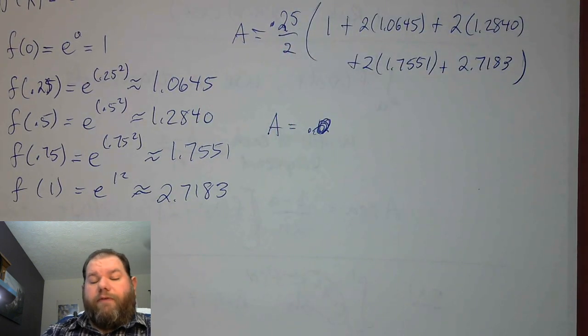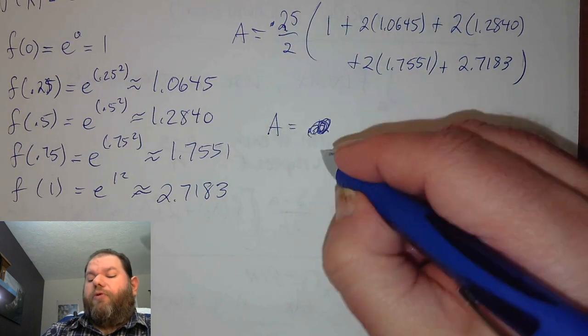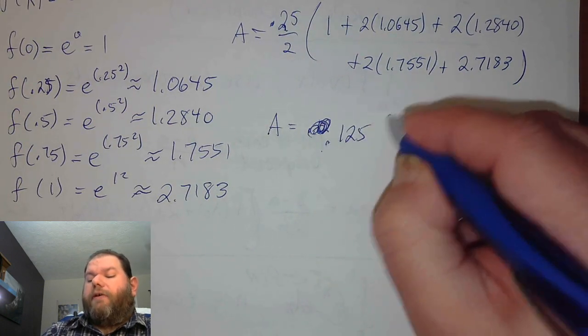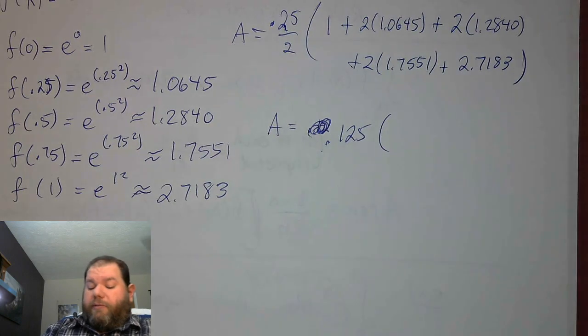Our width was 0.25, and then that's divided by 2, so it's 0.125 outside, and then the inside part, let me calculate that.